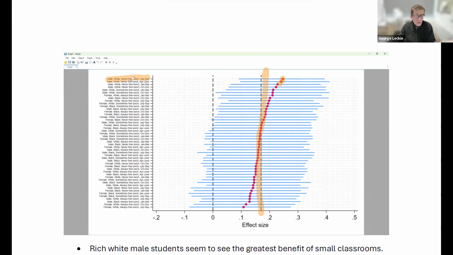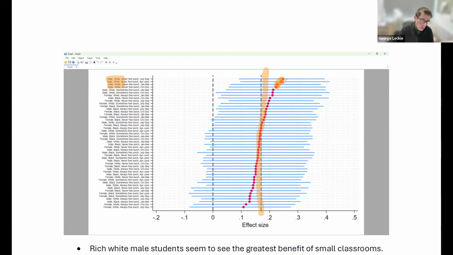White males who are never on free lunches, the more affluent families, occupy the top 4 effects. So there's clearly a gender by ethnicity two-way interaction in this structure, which is beneficial. Those are groups doing well.